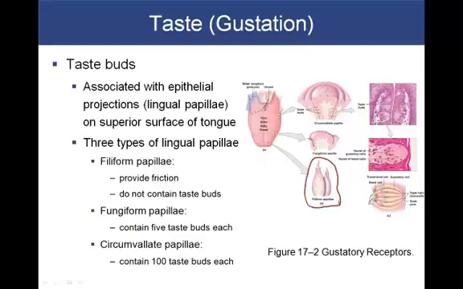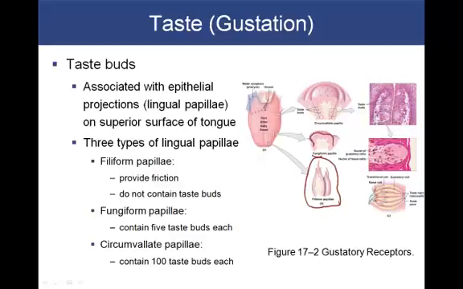Fungiform papillae, fungiform because it looks like a small mushroom cap, funga for fungi. Fungiform papillae contain a small number of taste buds, upwards of maybe 5. And again, they're distributed in various regions of the tongue. The last type of papillae are the circumvallate papillae.